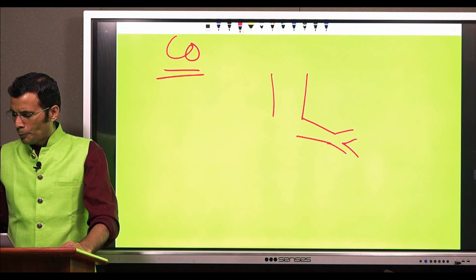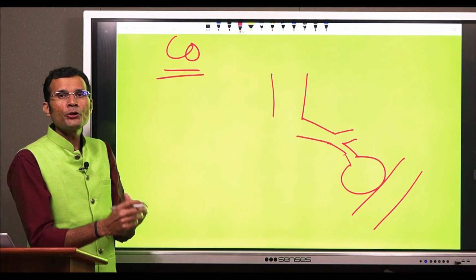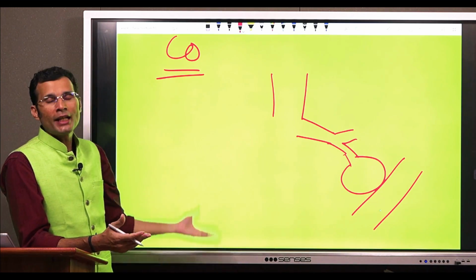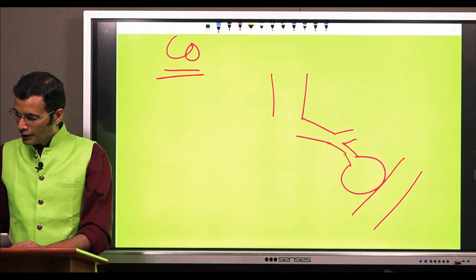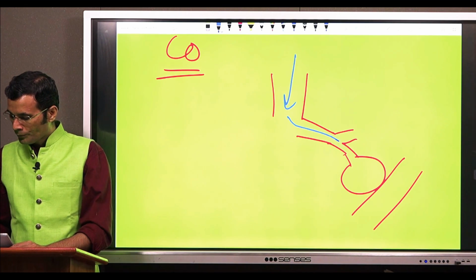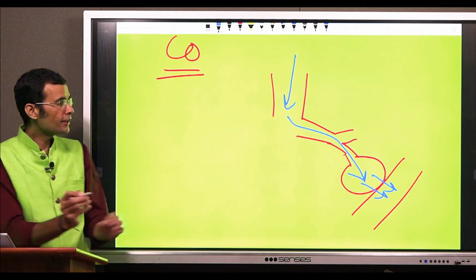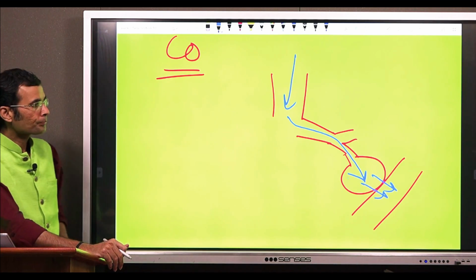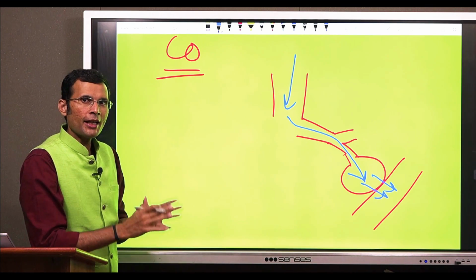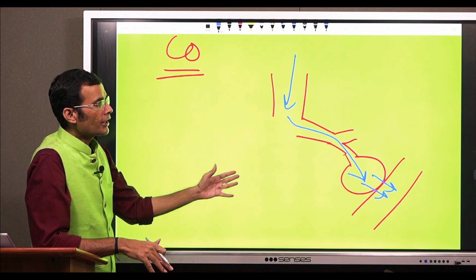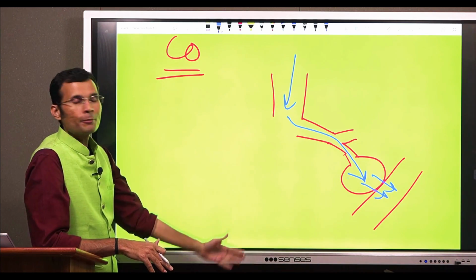Now, the point here is, we are going to give a gas by inhalation. Let's imagine that we give a gas by inhalation, it reaches the alveoli and it diffuses through the respiratory membrane. Now, we want such a gas that continues to diffuse through the respiratory membrane.